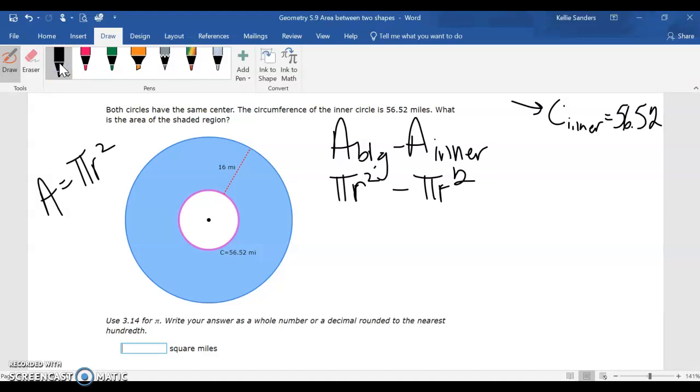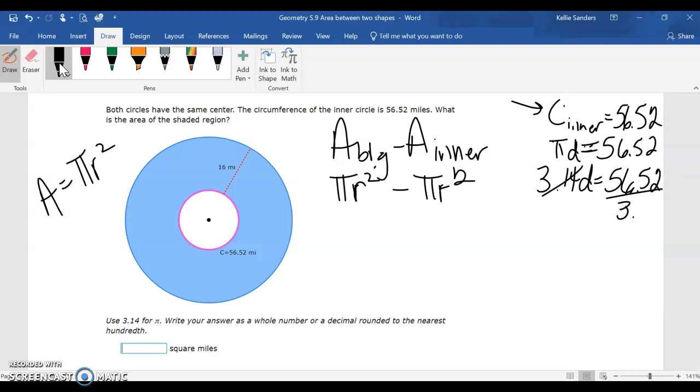So how do we find circumference? Circumference is pi times diameter, right? And they used pi times diameter and got 56.52. Well, since they got a decimal and not a pi answer, I know that they used 3.14. So I'm going to exchange 3.14 for pi.